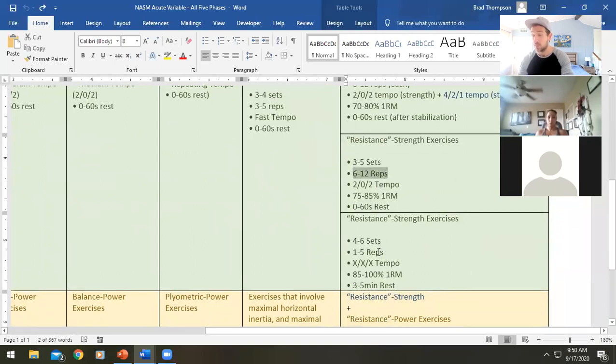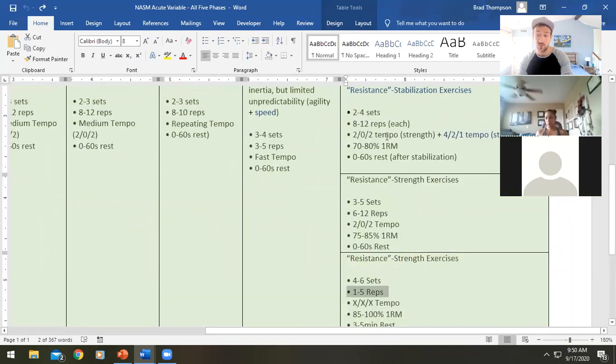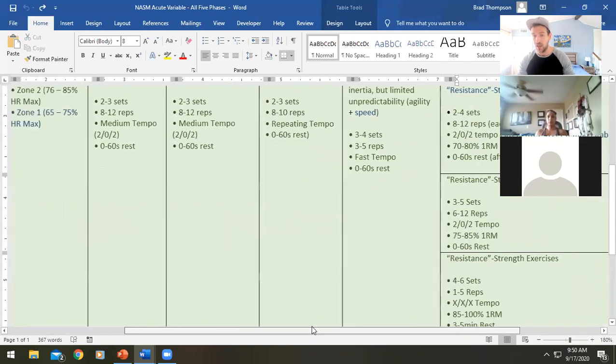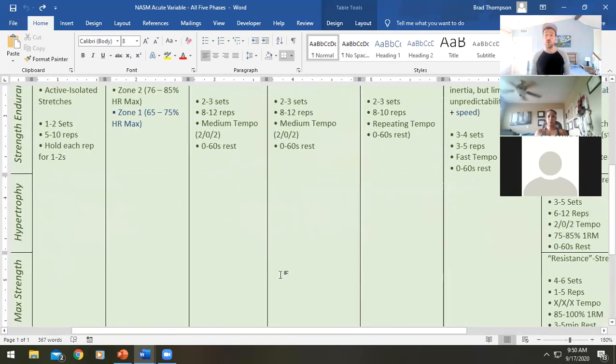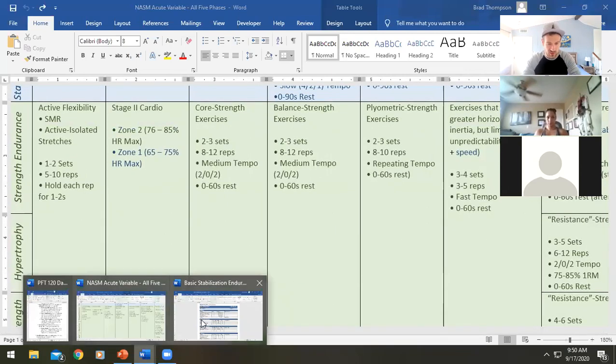There's max strength reps, which is 1 to 5. And there's endurance reps, which it says 8 to 12, but really that's 16 to 24 because it's a superset, right? So that's what we need to remember. The phases only apply to the resistance section. So let's build us a strength endurance routine.